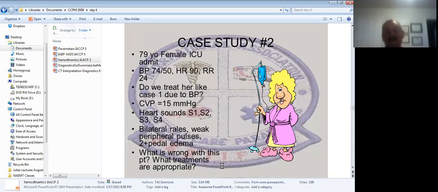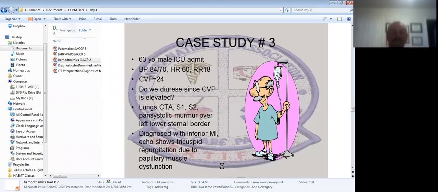So this patient actually does not have a fluid deficit, but in fact is a fluid retainer, isn't she? She's actually in failure. So this would, of course, be a very different presentation. So probably even at a 74 systolic pressure, we would probably call that going into cardiogenic shock.